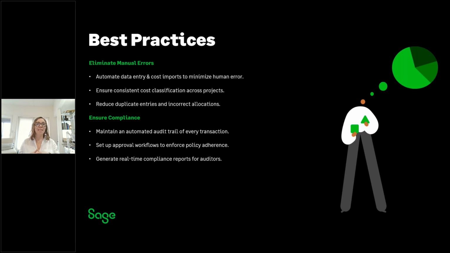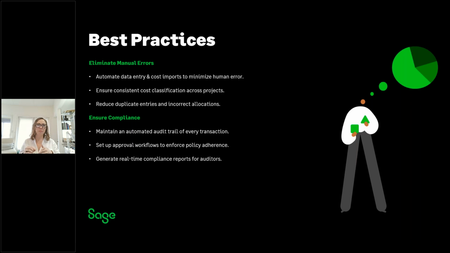So anytime we can take that checkbox off the list for auditing and compliance, we're much happier. We're getting fewer questions and less opportunity for penalties, fees, and other hourly fees that we don't need or want, right? So that's how we're ensuring compliance with our best practices.